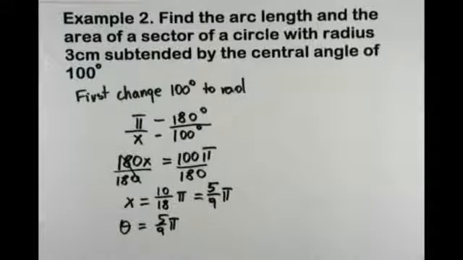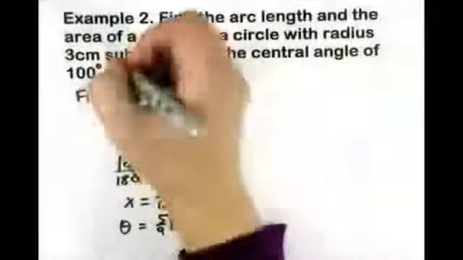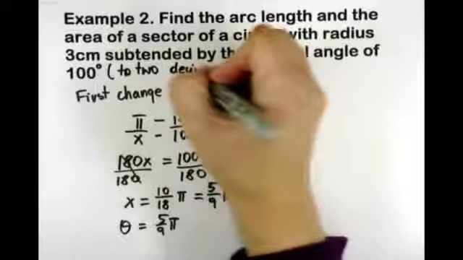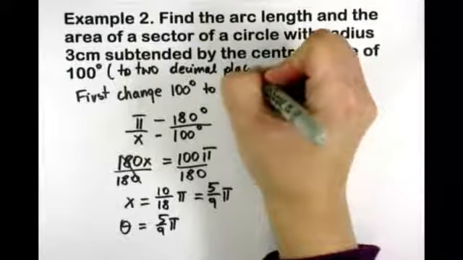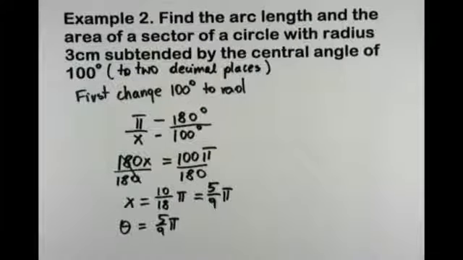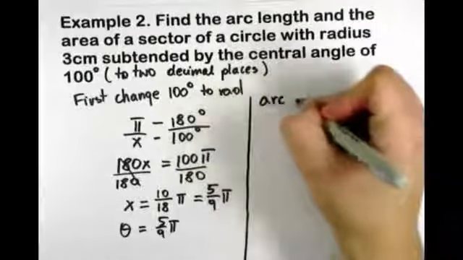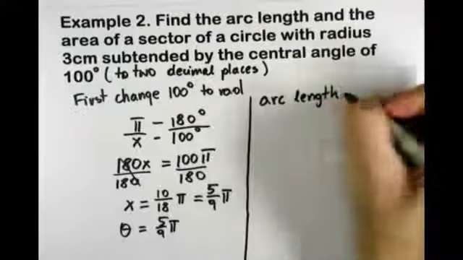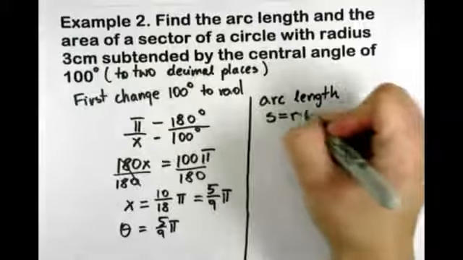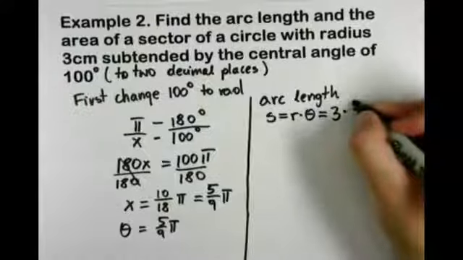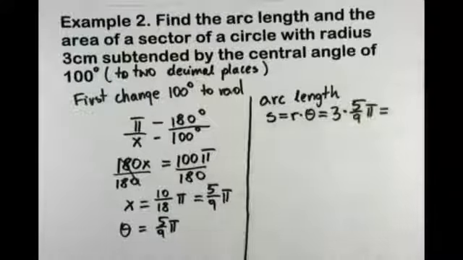We're going to find the arc length and the area of the sector to 2 decimal places. So now to find the arc length, we are using the formula S is equal to R times theta. My radius is 3 centimeters, which is 3 times my theta, 5 over 9 pi. Now we can either reduce this or just punch everything on the calculator.